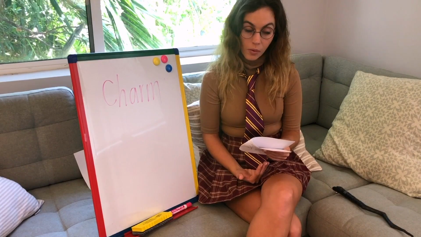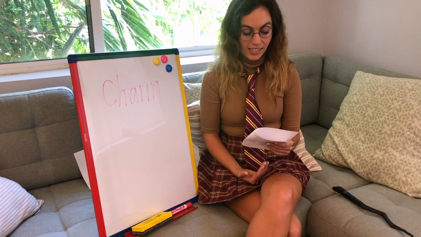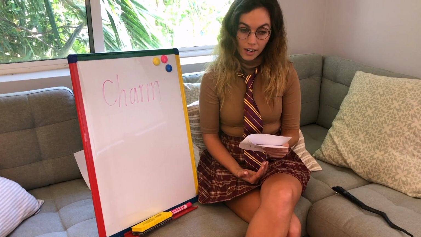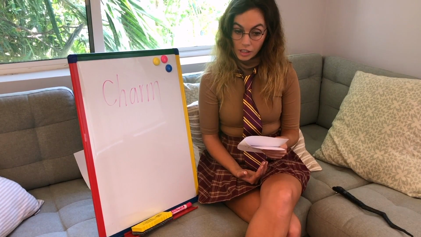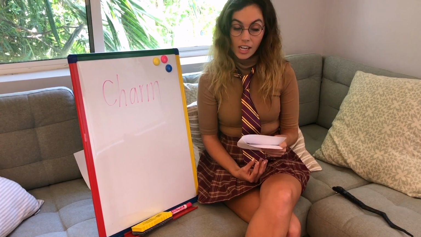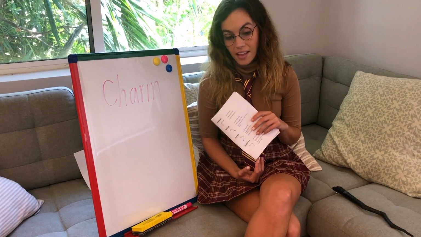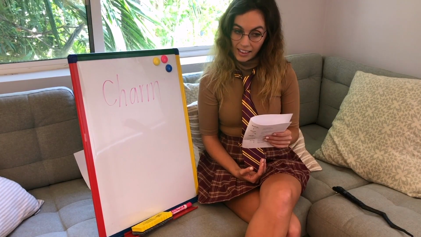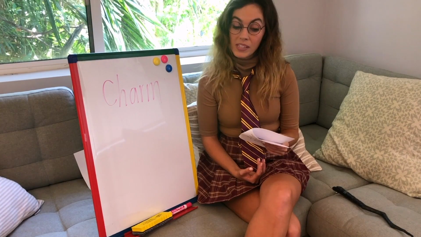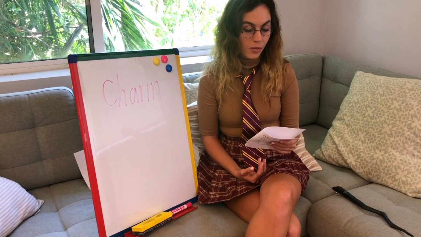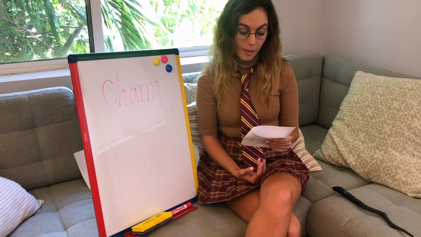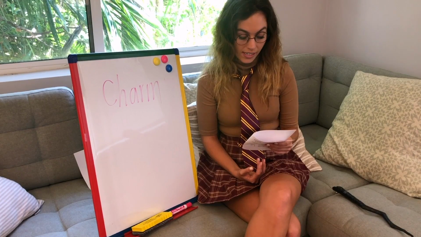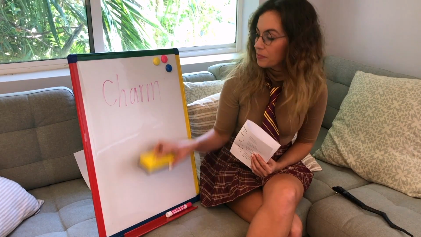So a charm is a spell that adds specific properties to its target object, creature, or person. It changes what the target does.